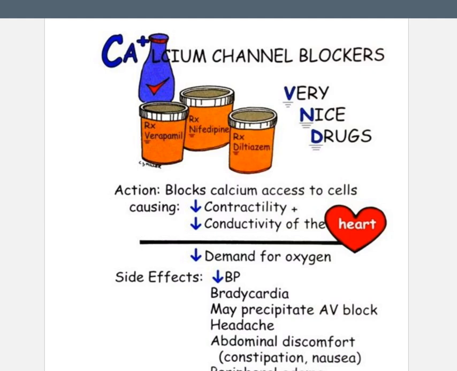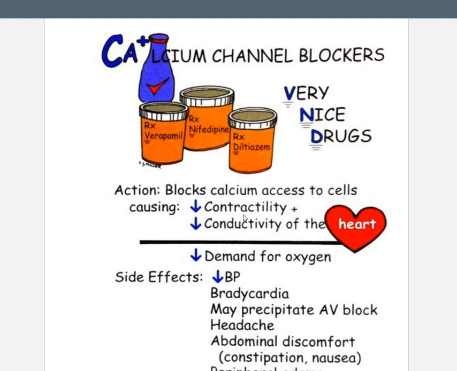With calcium channel blockers, you might become familiar with the terms negative inotropic effect, which really affects the force of the myocardial contraction, which as you can see causes a decrease in contractility. That has to do with your inotropic effect.